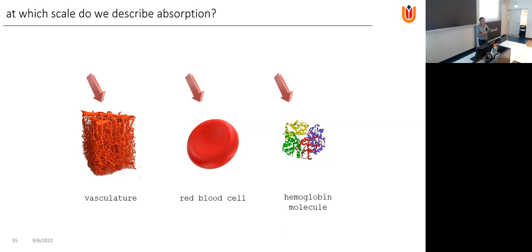So then we would have a lot of absorption going on at different locations in the tissue, and the answer that we would get would only relate to the bulk. We could also zoom in further, for example, the absorption properties of a red blood cell. Then we would study the light absorption properties of this single cell, but in the end we would have to do a measurement in tissue. We would have to translate or scale up, if you want, the results from that intermediate stage to the vasculature.